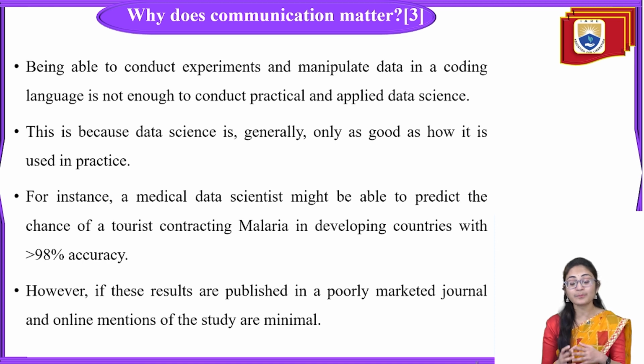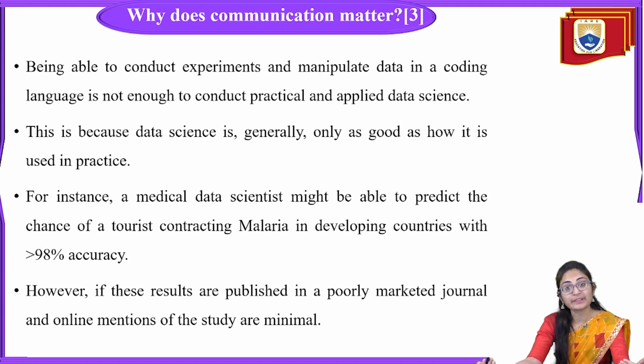For instance, a medical data scientist might be able to predict the chance of tourists contracting malaria in developing countries with greater than 98% accuracy.